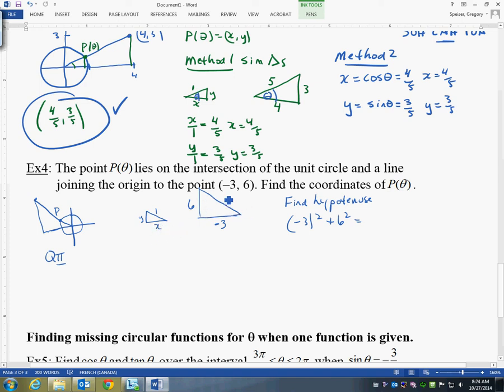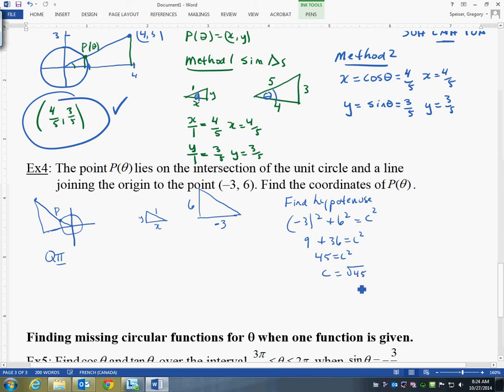So why don't we call this one c squared, because that's what we've often used for a hypotenuse. -3 squared is 9, plus 6 squared is 36, equals c squared. 9 plus 36 is 45, equals c squared. So c is going to be equal to the square root of 45.